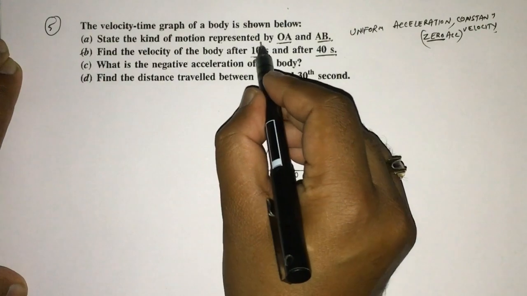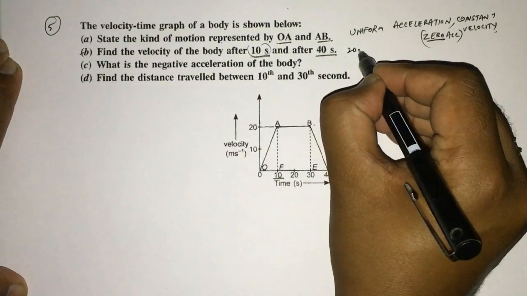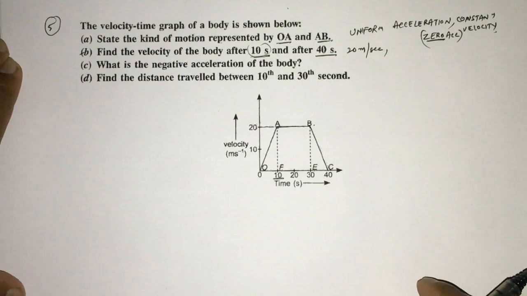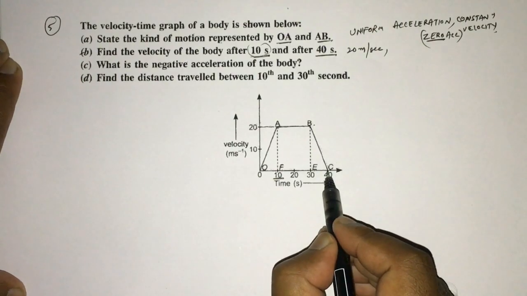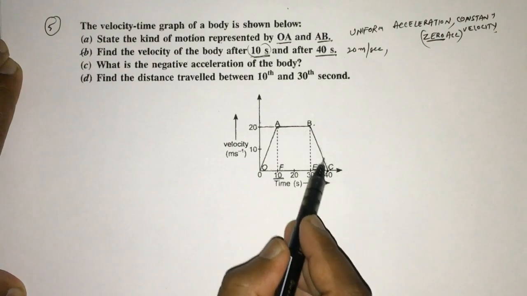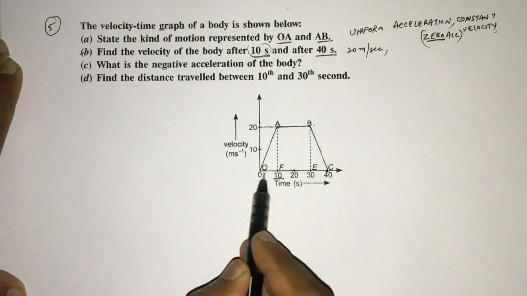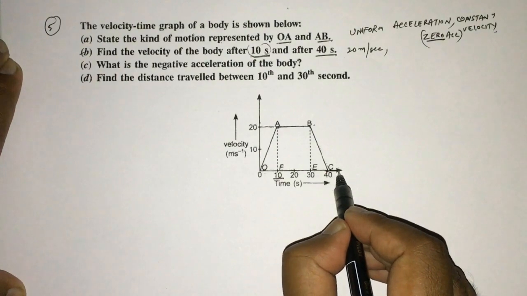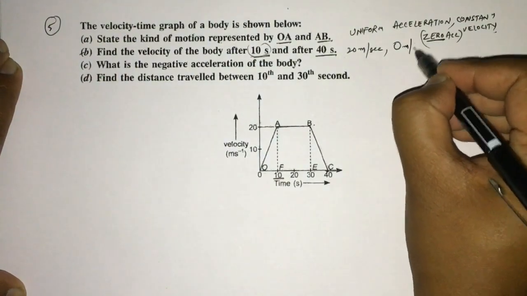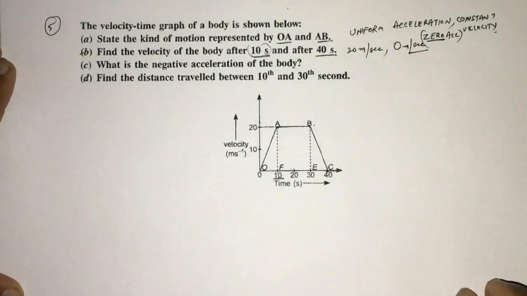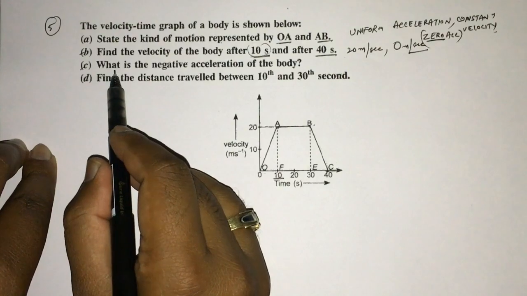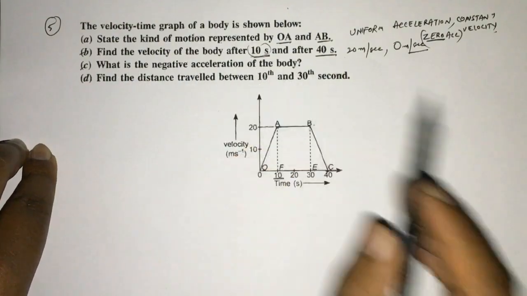Now, after 40 seconds, the velocity of the body becomes 0. So after 40 seconds, the velocity of the body is 0 meter per second. Clear?